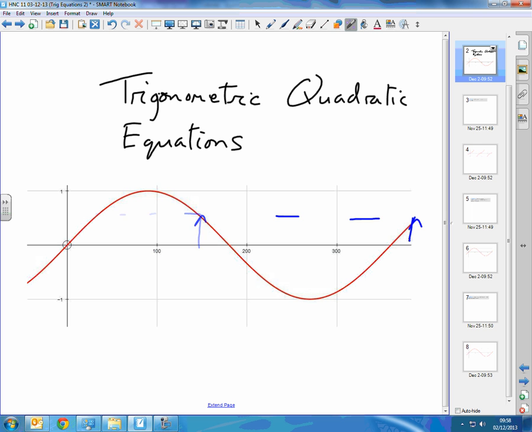So there are many solutions, and if you remember, we need to usually quote a range over which we're interested, and normally that's between 0 and 360 degrees.